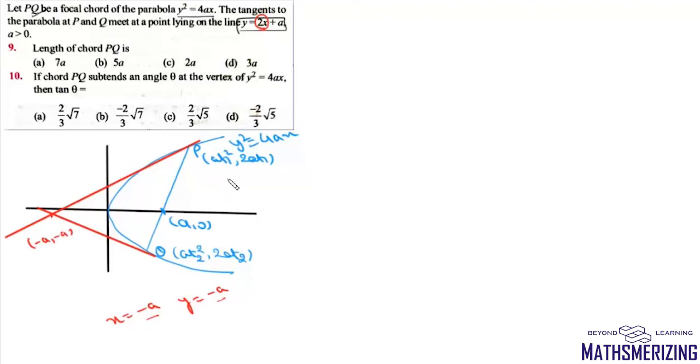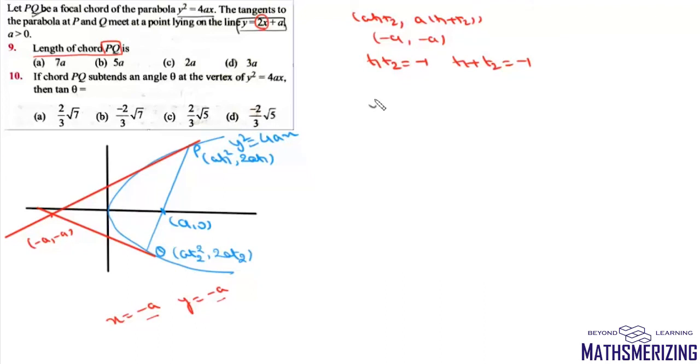So now we can say point of intersection is a t1 t2, and this is a t1 plus t2. From here we can write this is minus a and this is also minus a. So that means t1 into t2 is minus 1 and t1 plus t2 is also minus 1. Now the first question is find the length of this chord PQ.